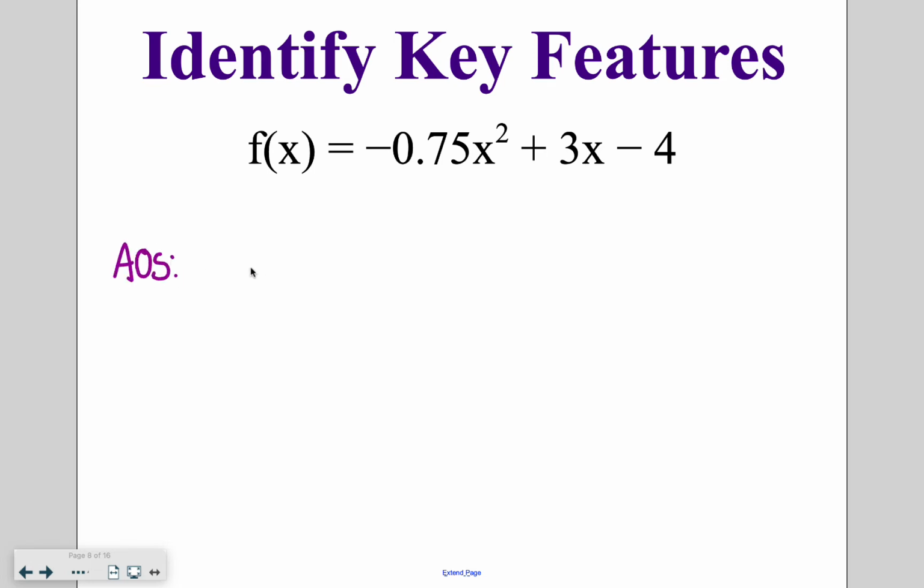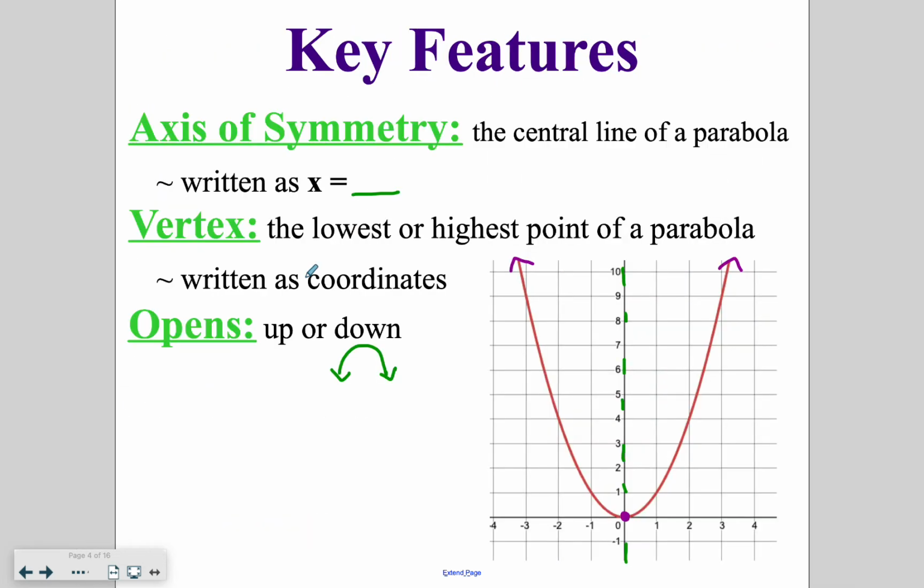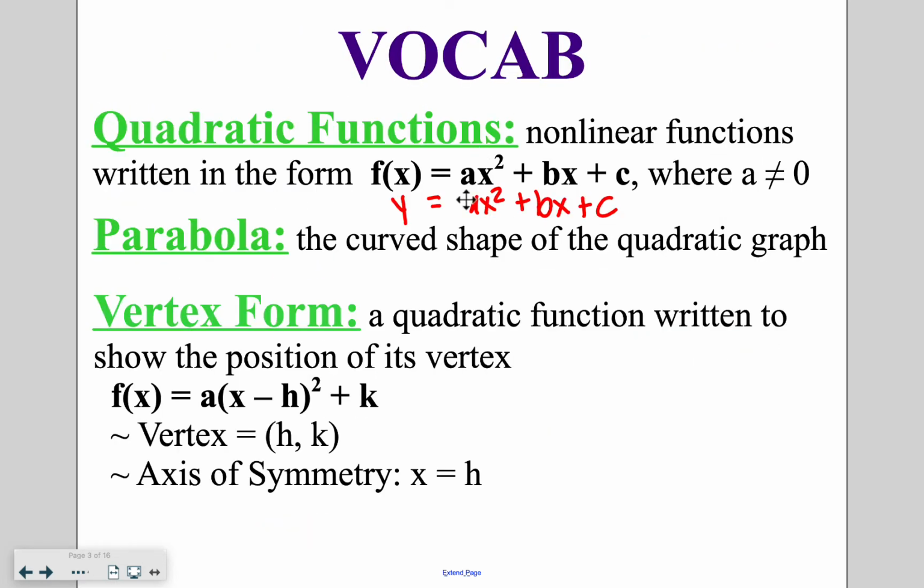So to find your axis of symmetry, your formula is x is equal to the opposite of your b value over 2 times the a value. If you remember all the way in front here, we talked about standard form being ax squared plus bx plus c. So we have an a, b, and a c in the problem.